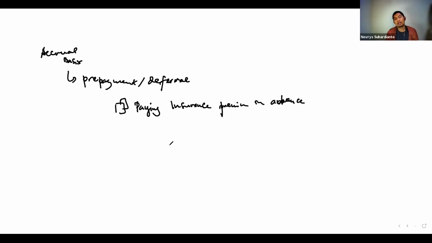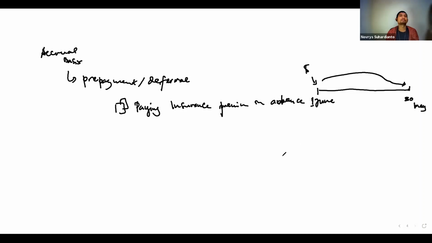Okay, so if you pay insurance in advance, suppose you pay the insurance on June 1st. You pay the insurance here, and this insurance will give you protection until the 30th of May, right? 12 months protection.